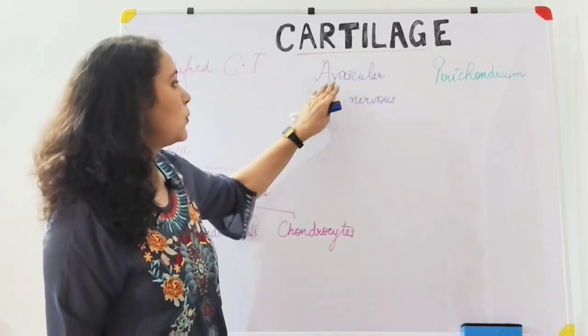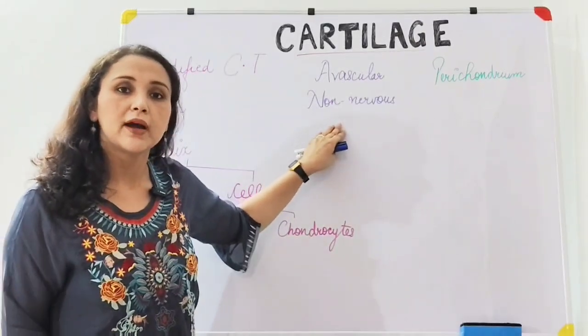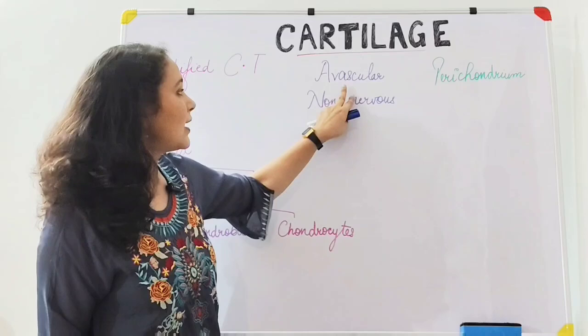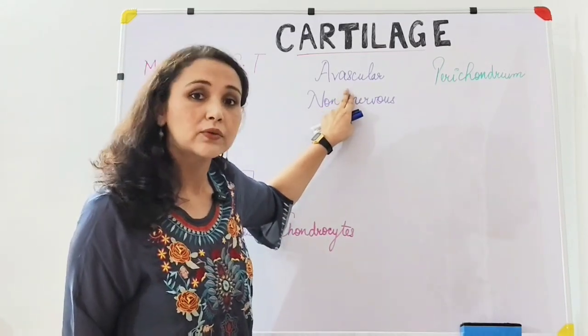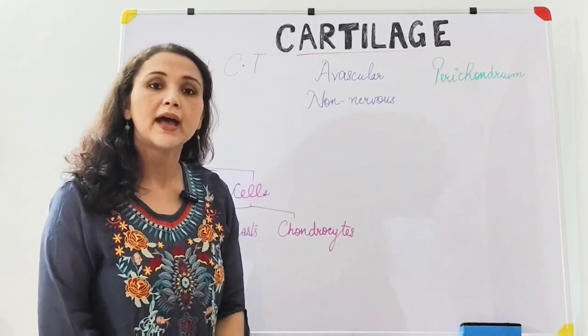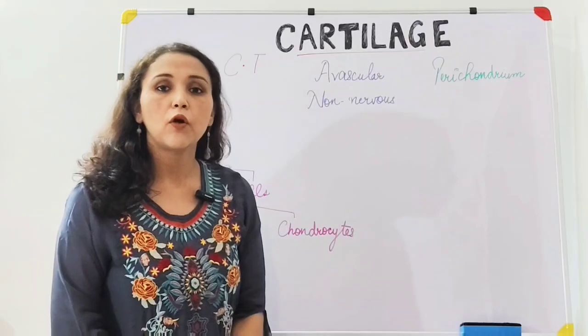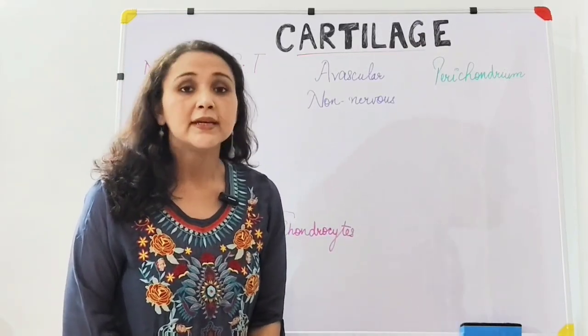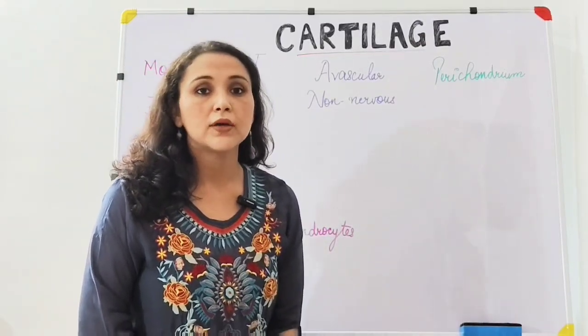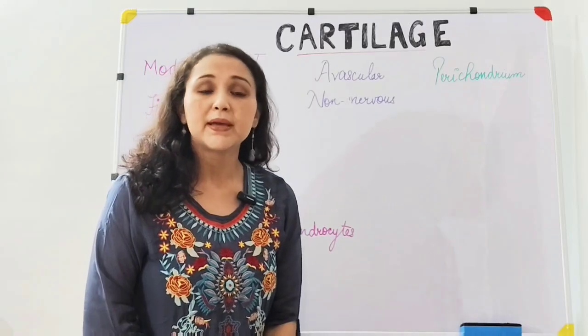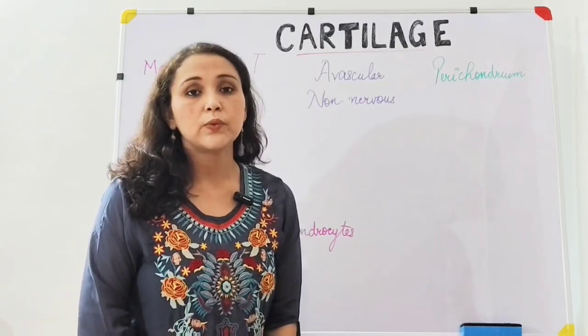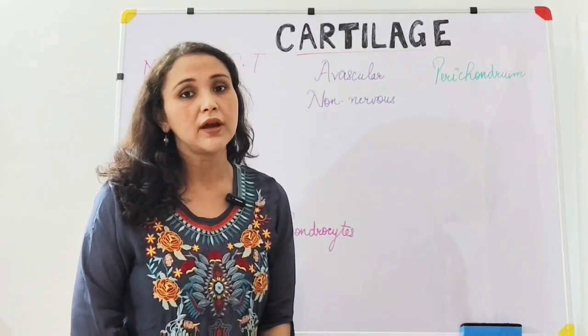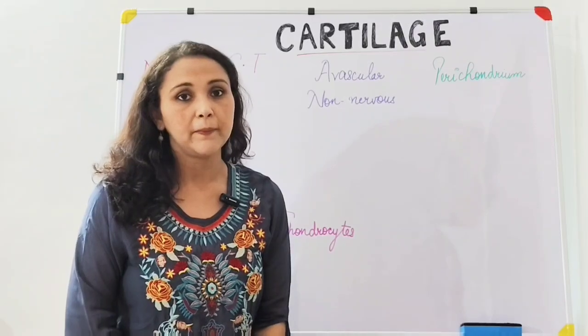Now, the two very important features about cartilage are that cartilage is avascular. That means it does not have a blood supply of its own, right? This is very important because it leads to the basic fact that there is very poor regeneration of the cartilage if it is destroyed.